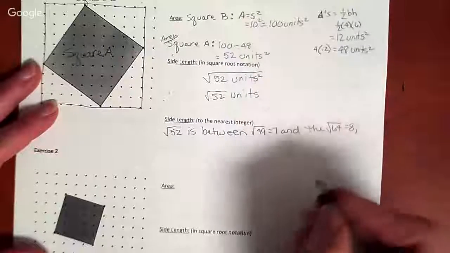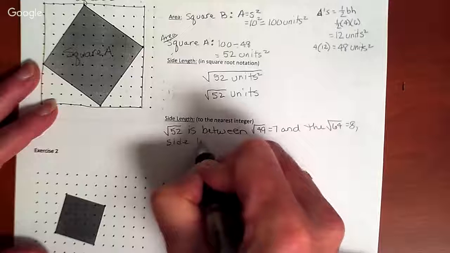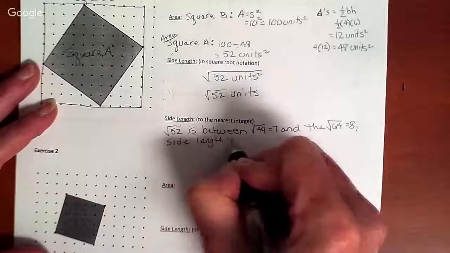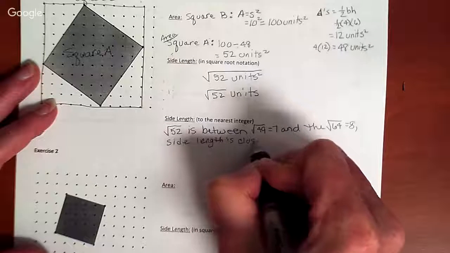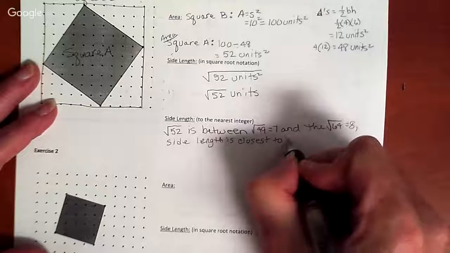So the side length is closest to 7 units.